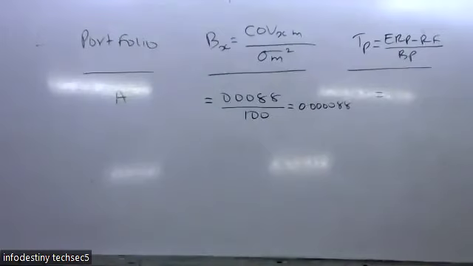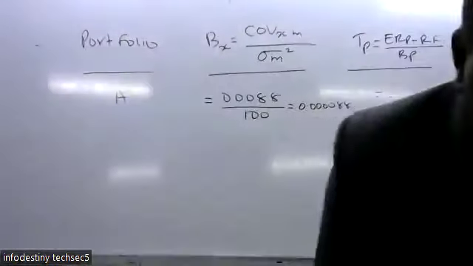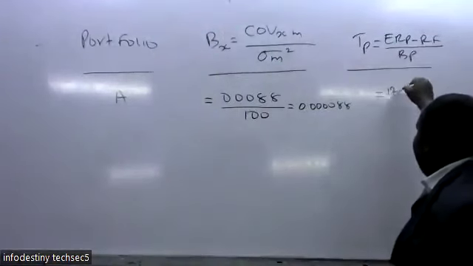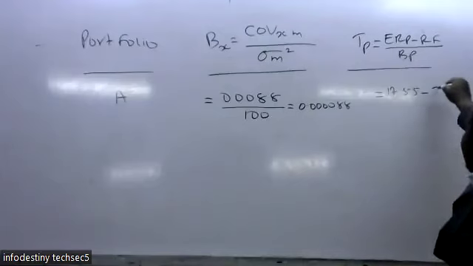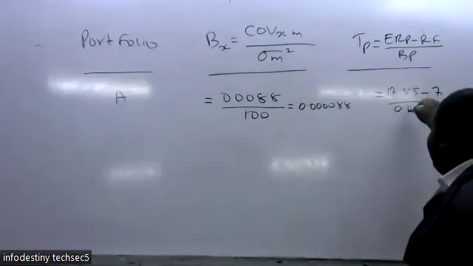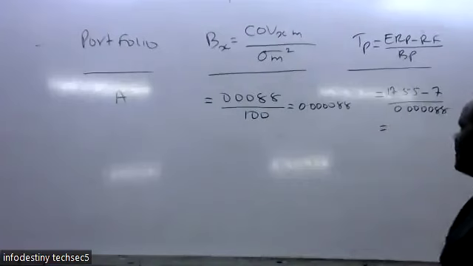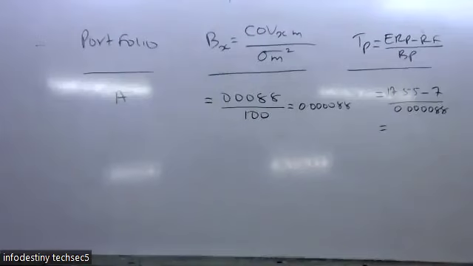So when it comes now to that point, what are we given as the expected return for portfolio A? 17.55. Risk-free rate was which figure? 7. So divide by the variance for the market, just square the standard deviation.